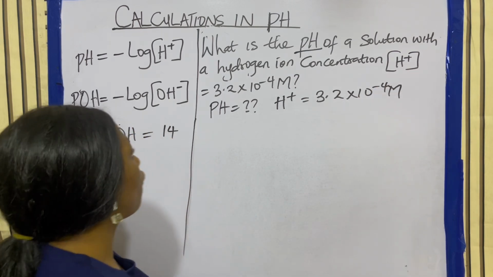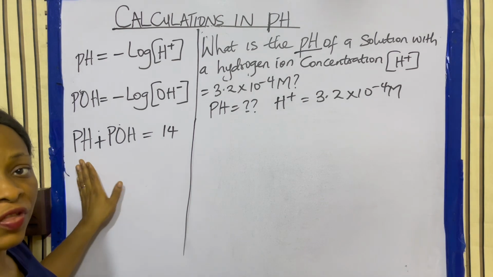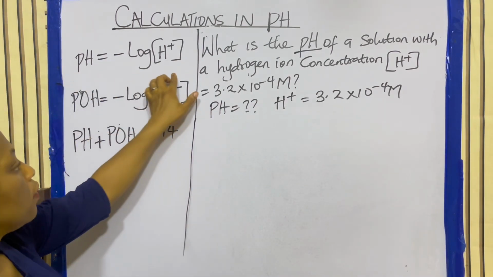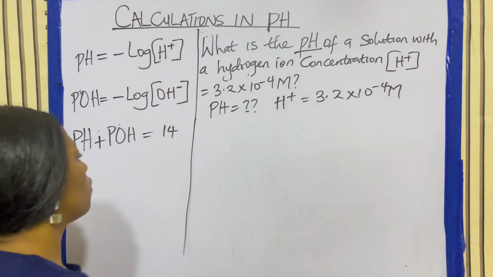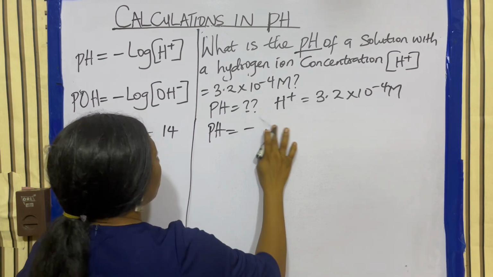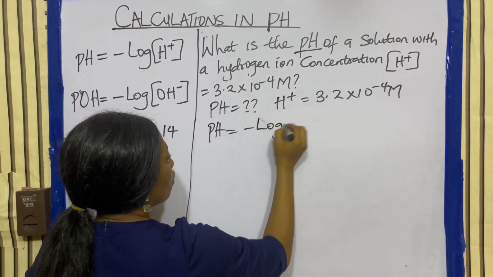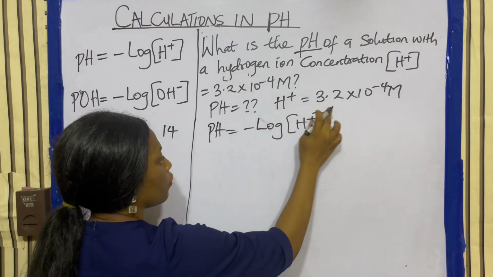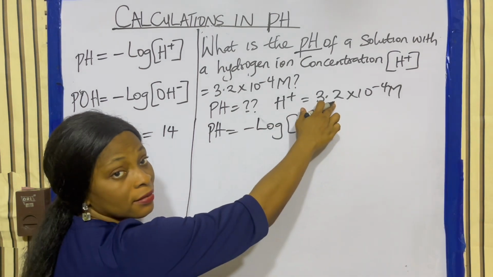From this formula, which one do you think aligns well with this question? This one, pH. So pH is equal to minus log hydrogen ion concentration. Wherever you see hydrogen ion, you are going to replace it with this.